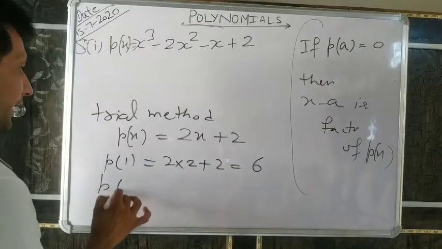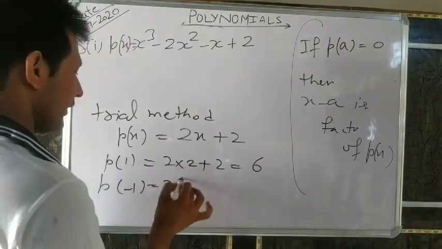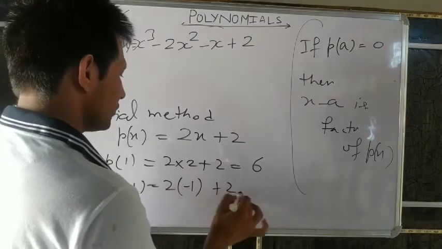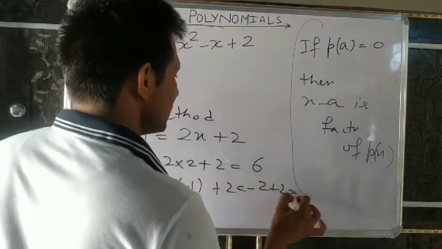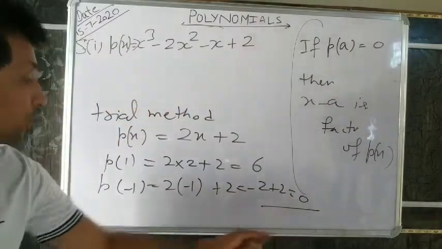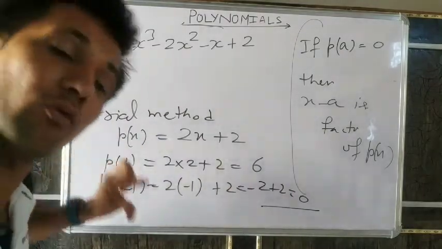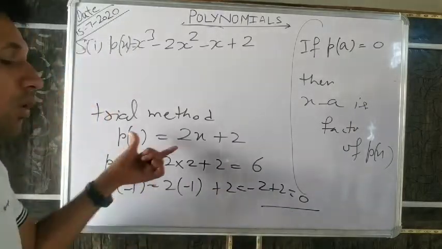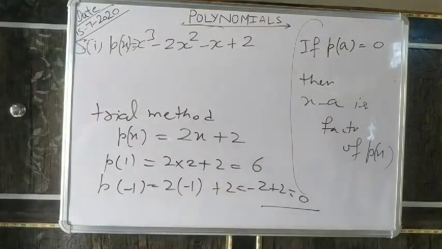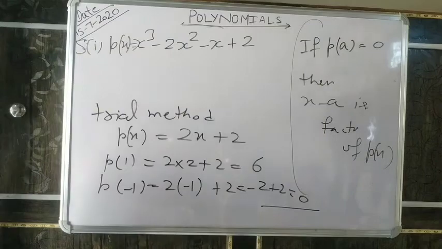Now we put minus 1: 2 into minus 1 is minus 2, plus 2, that is 0. So we check, put some values, and it becomes 0. So it is called the trial method. Understand? Understand or not?